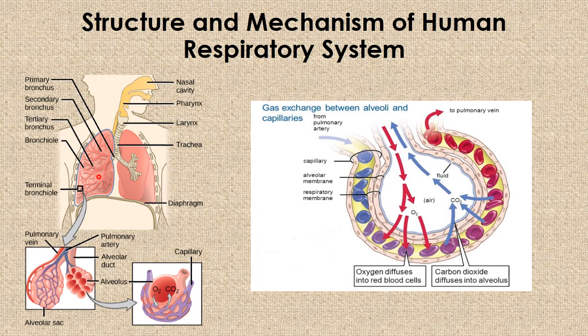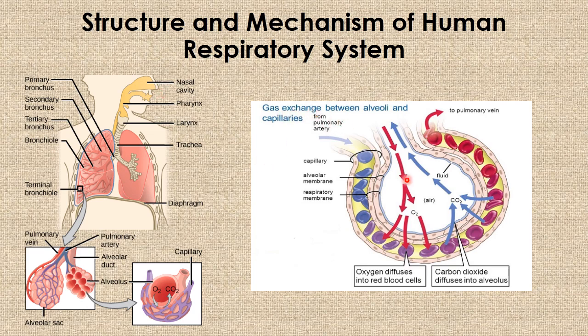From the bronchioles it goes through the bronchi, from the bronchi to the trachea, from the trachea out of the nose. So breathing in, the body takes in oxygen, while breathing out, the carbon dioxide which diffuses from the blood vessels into the alveoli goes back out through the nostril.